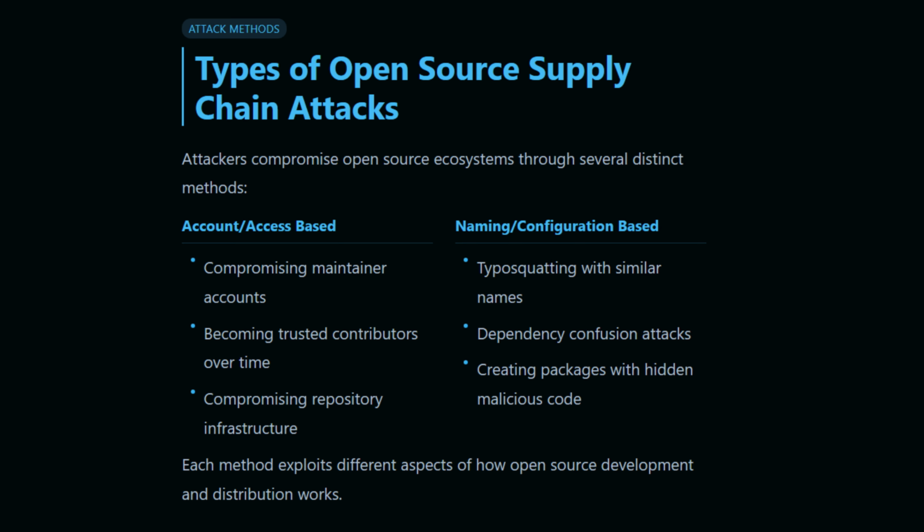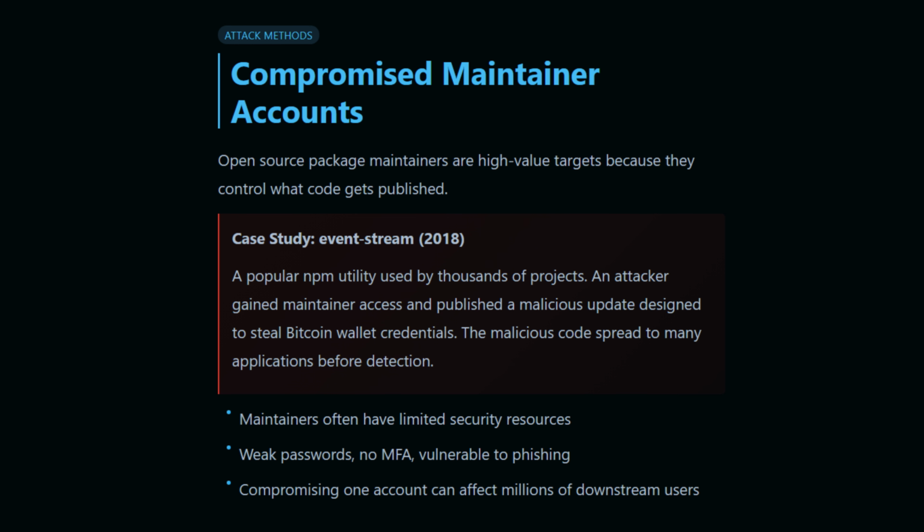Each method exploits different aspects of how open source development and distribution works. Open source package maintainers are high-value targets because they control what code gets published.